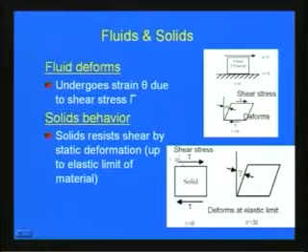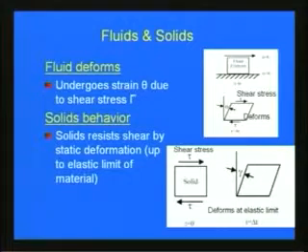And if you consider solids, say here you can see a small ball. Even if you apply some shear stress, it will not deform up to a certain level. That means until it reaches its elastic limit, it can sustain the shear stress and it will not deform.